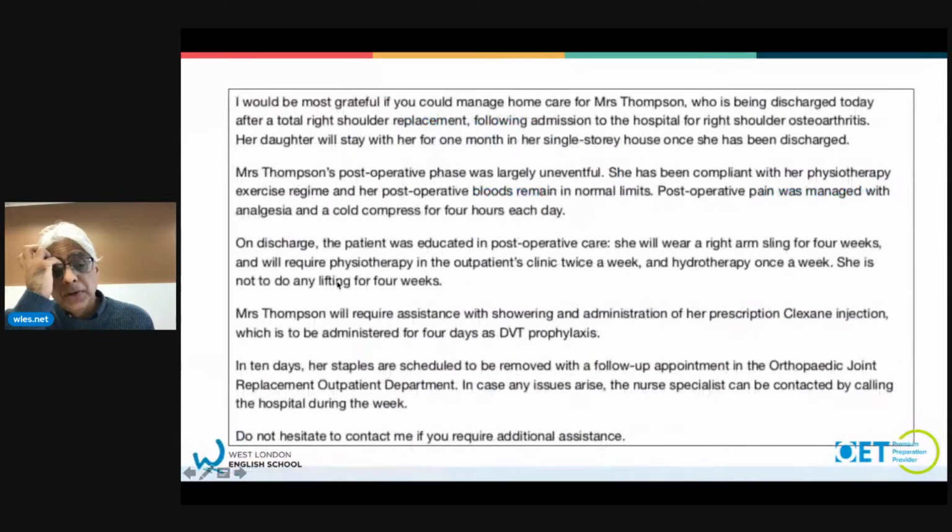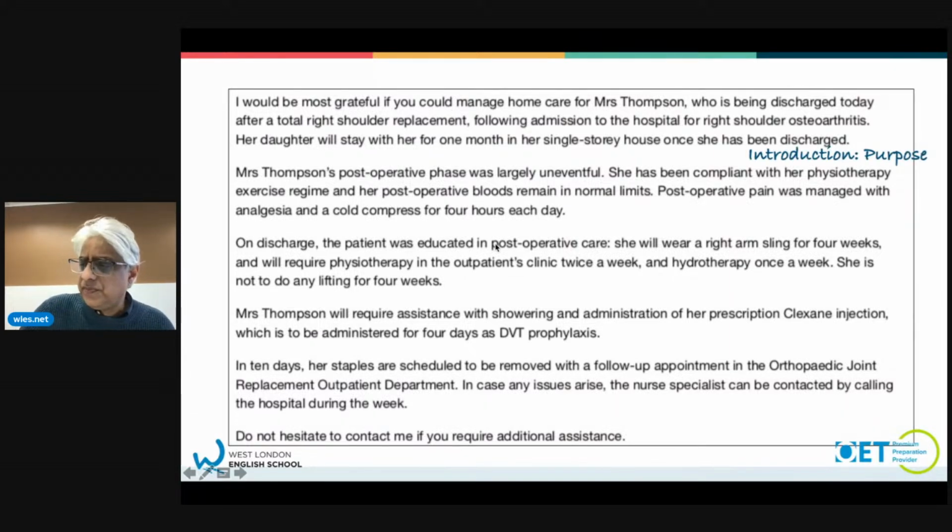Okay, so looking at the overall organization of the letter, you'll notice there are 5 paragraphs here. You might have been able to condense that into maybe 4 paragraphs. The key is that it's logical, and that's what they want. They want a logically organized letter with logically organized paragraphs. You can see they started off with the introduction, where you stated the purpose.